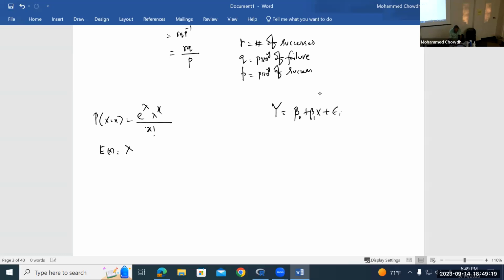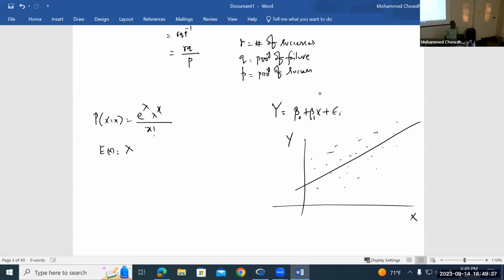You have x values here and y values here. This is all your data. And you fit an average line, right? It is an average line, right?